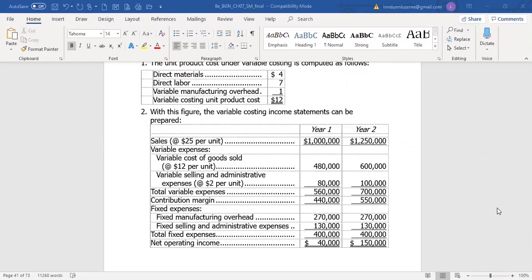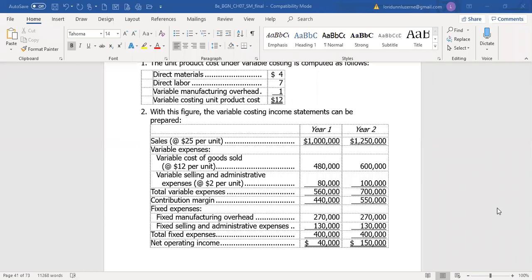Now, we're doing a different type of approach. Here, we want to subtract all of our variable costs, none of our fixed costs, to get to our contribution margin. So what variable costs do we have?